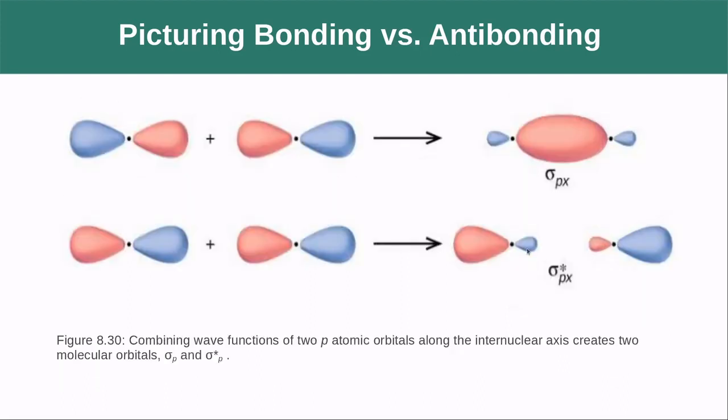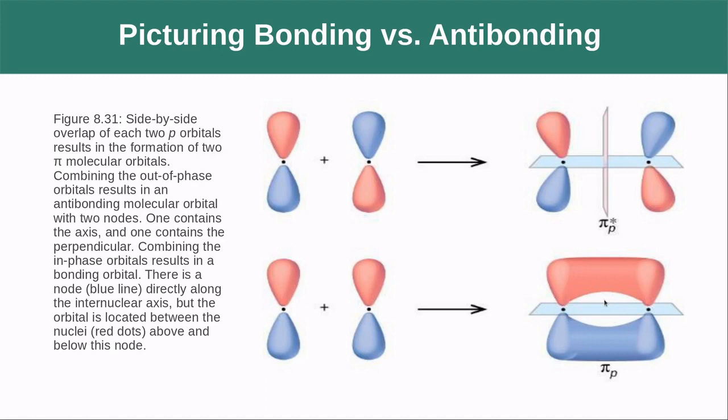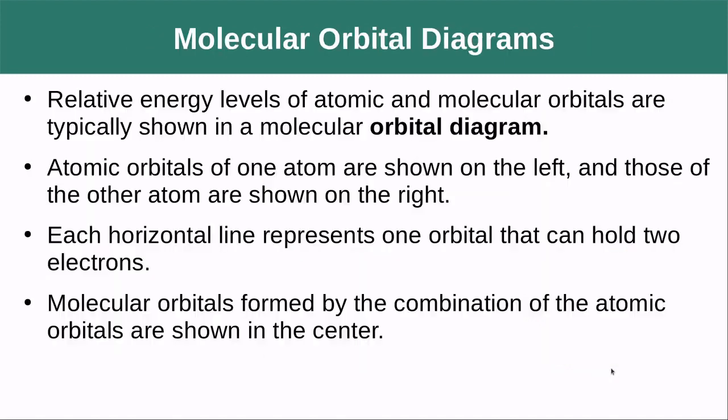We can picture this for p orbitals as well, forming an overlap along the internuclear axis, or an antibonding orbital along the internuclear axis, and we can extend this to side-to-side interactions like we've seen before.